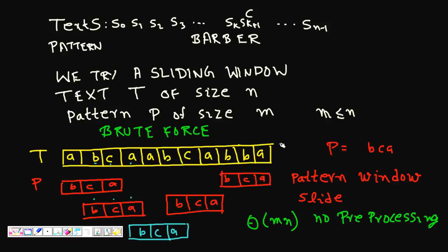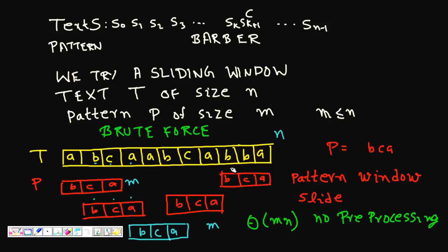Now if the length of the text is N and the pattern is M, then for one match with a shift, if this window is somewhere and the pattern is there in the text, you have to compare M characters, isn't it? And how many shifts can this sliding window make? 1, 2, 3, 4, 5, 6, 7, 8 shifts.